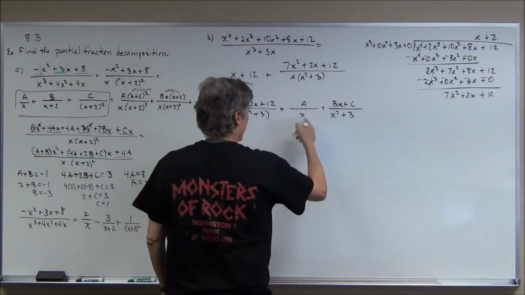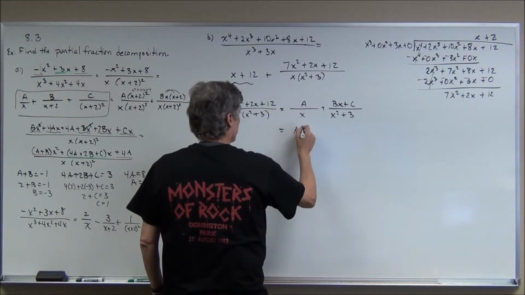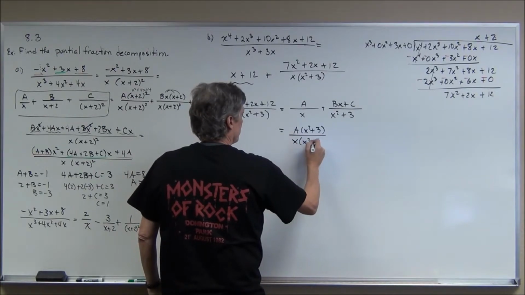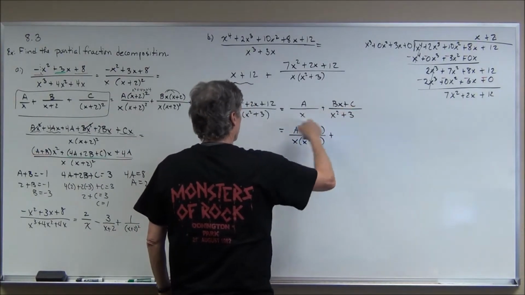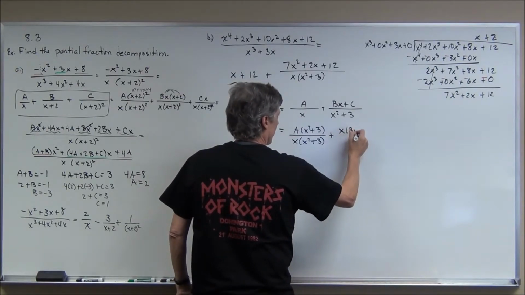Let me get a common denominator. So I'd have to multiply top and bottom by x squared plus 3. And here I'd have to multiply top and bottom by x. So I'll just put the x out in front for right now. I'm going to have to distribute.